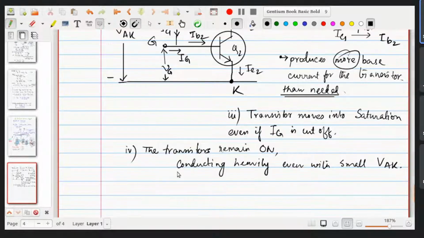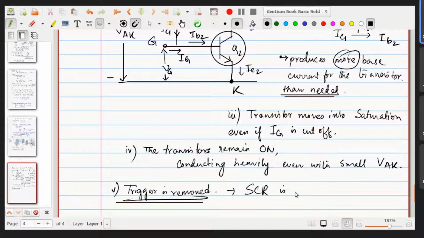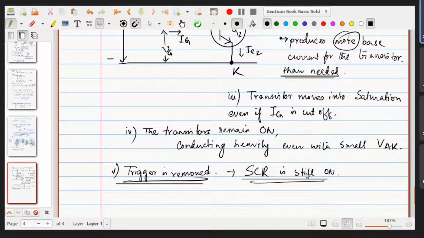So what we observe, the trigger is removed, SCR is still on. This condition is referred to as latching.